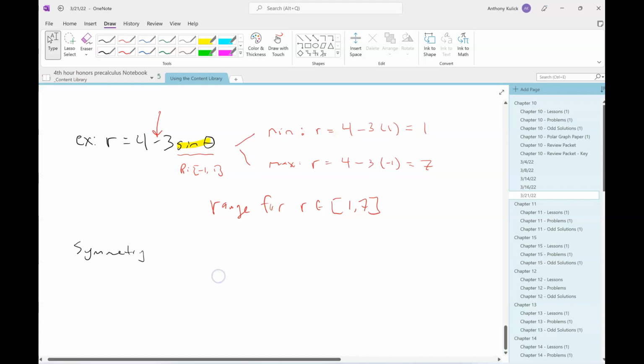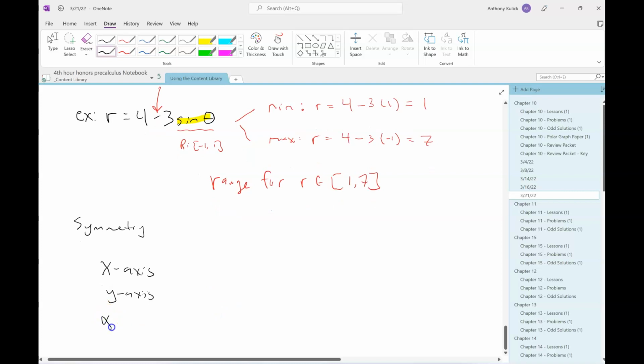All right. Let's talk about symmetries here. Just like we did in first semester, we'll talk about 3 types of symmetries. We have symmetry to the x-axis, we have symmetry to the y-axis, and then we have this alpha degree point symmetry with respect to the origin.